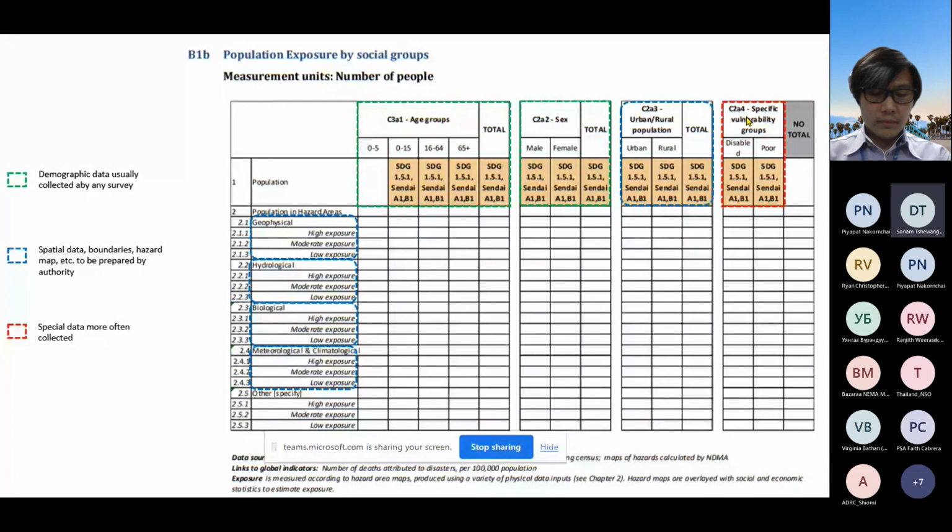So for this, what I think is that these are all demographic data.